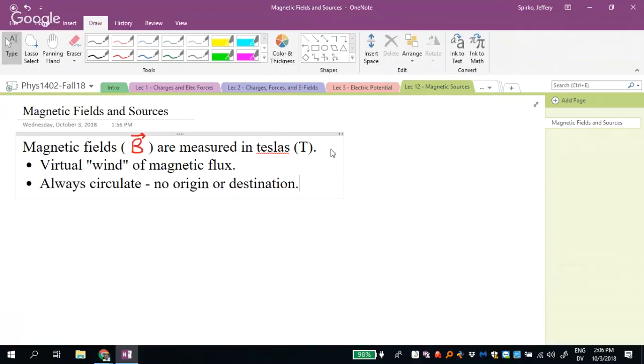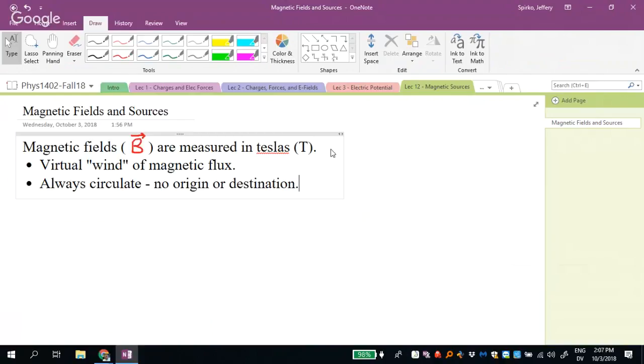One weird thing about magnetism, and this is one of the things we stress in this week's lab, at least in the pre-lab, is that magnetic fields always circulate. There's no origin or destination of the magnetic field. This is a little different from electric fields, where electric fields point away from positive charges. So you could think of positive charges as an origin of electric fields.